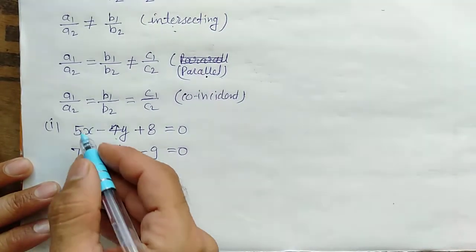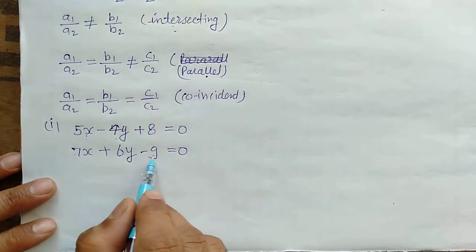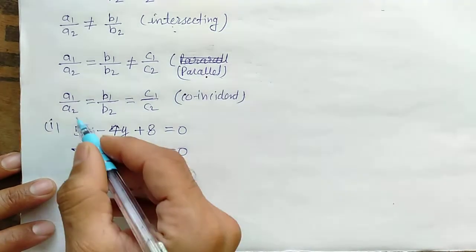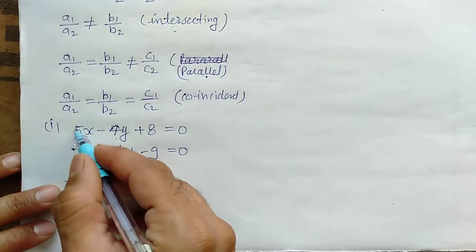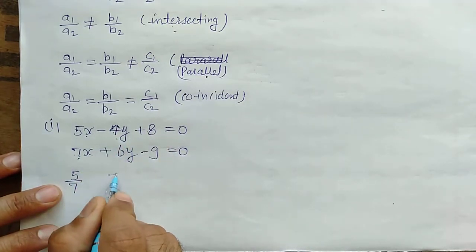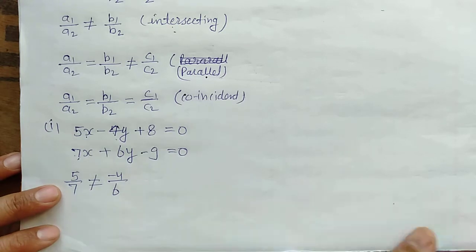So now let's compare. This is a1x, b1y, c1, a2, b2, c2. So 5 upon 7 is a1 upon a2, and minus 4 upon 6 is b1 upon b2. Are these equal? 5 upon 7 and minus 4 upon 6 are not equal.